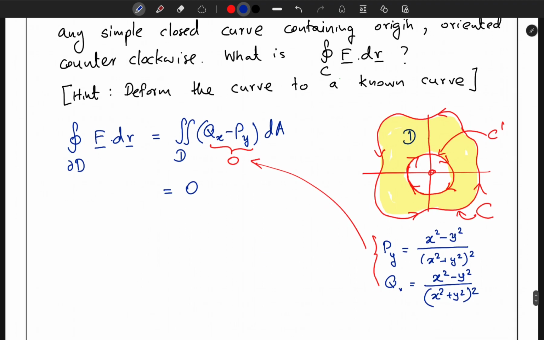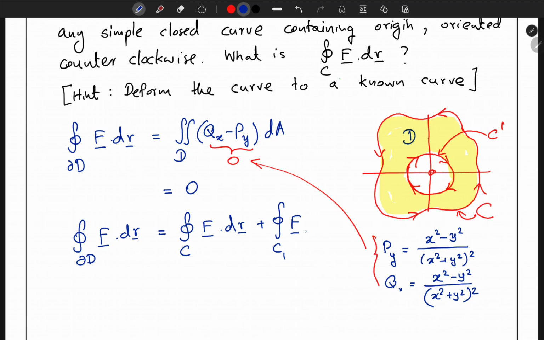Now, the line integral actually consists of two things. The line integral we found is the integral over the curve C, plus the integral over the curve C prime.